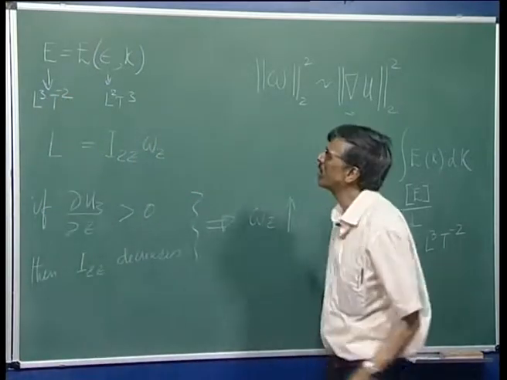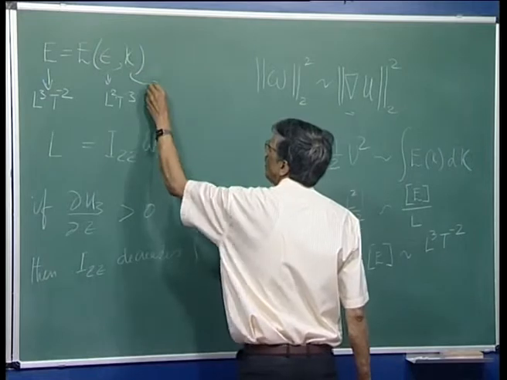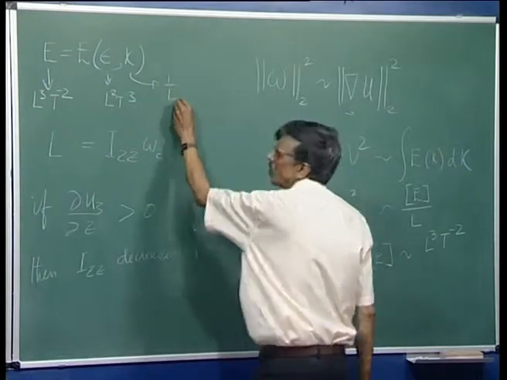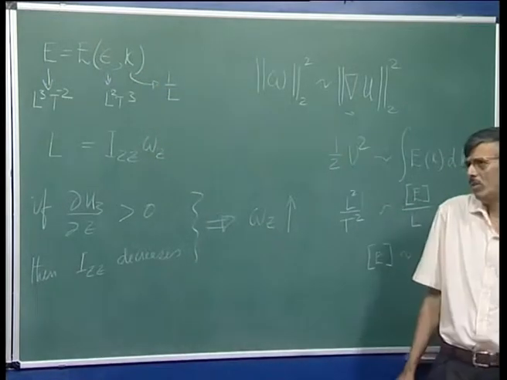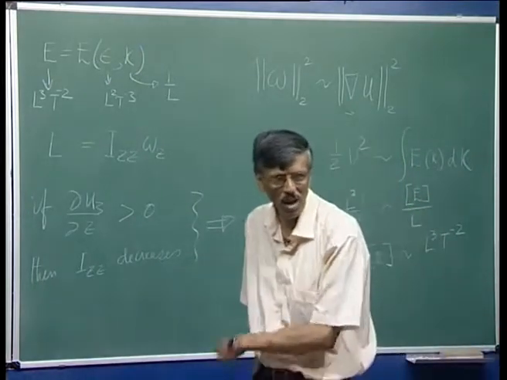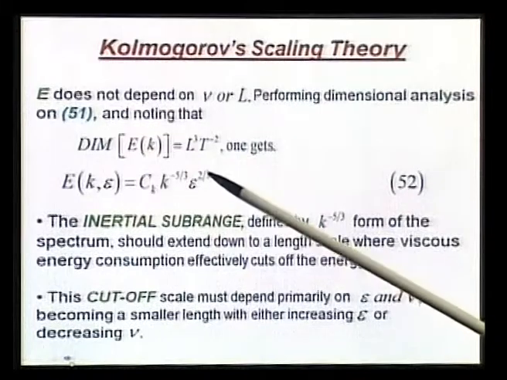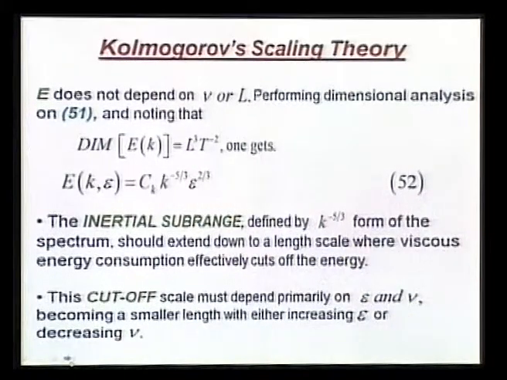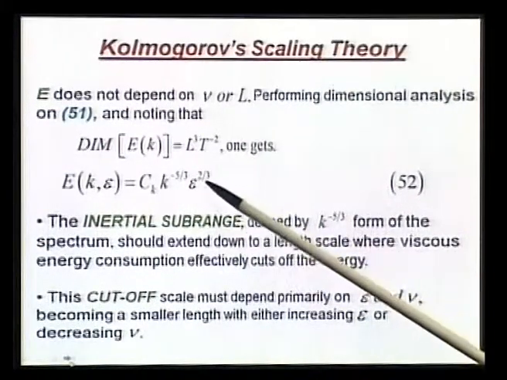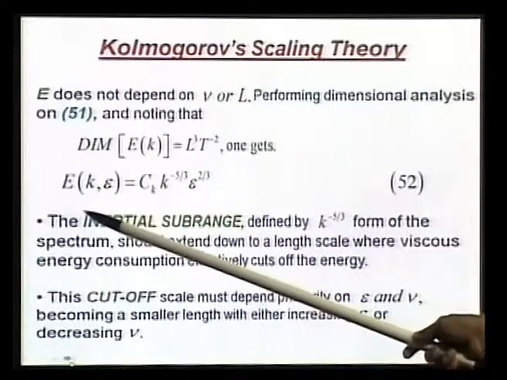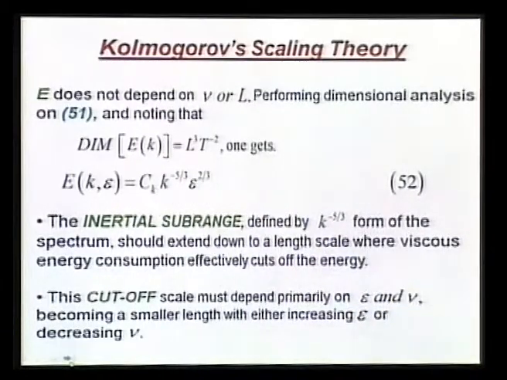Now, k's dimension of course we know is 1 over L. Now, all you will have to do is do a little bit of dimensional analysis, because that will tell you that in the inertial subrange the energy spectrum is given by this.